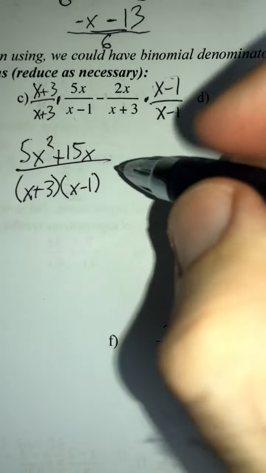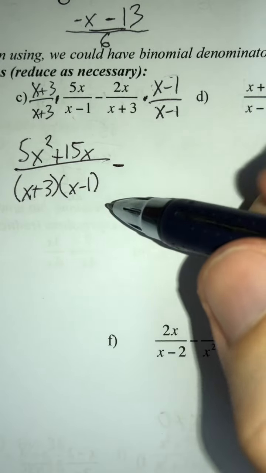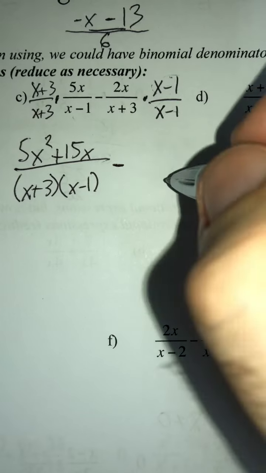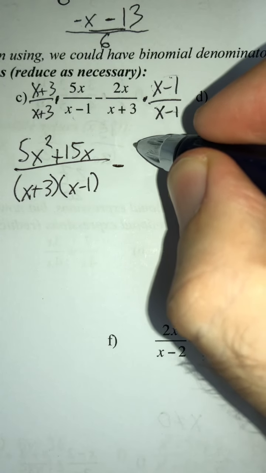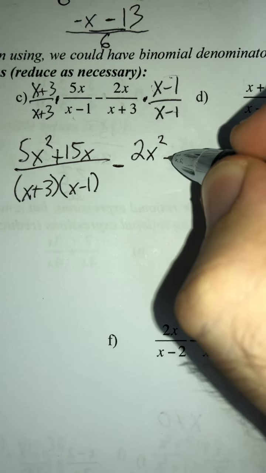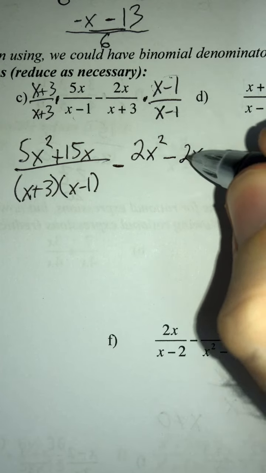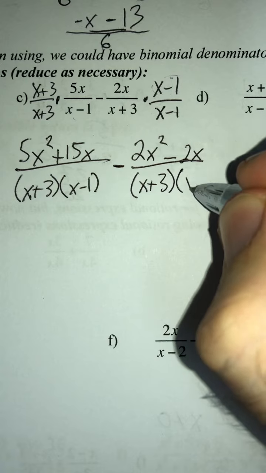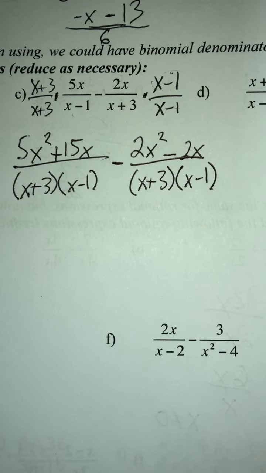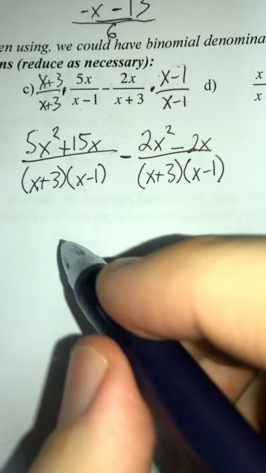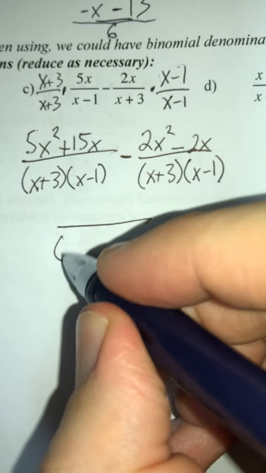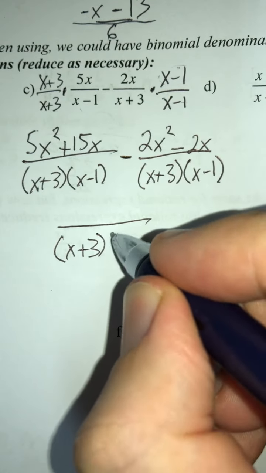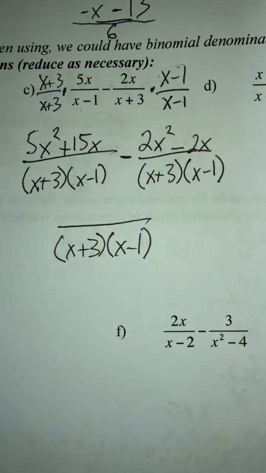I'm going to leave this as factored because in the end we might be able to cancel something out. But we need to double check that. So 2x squared minus 2x over all of this, so x plus 3 times x minus 1. Combine everything. So I'm going to put this all over one denominator, like such.